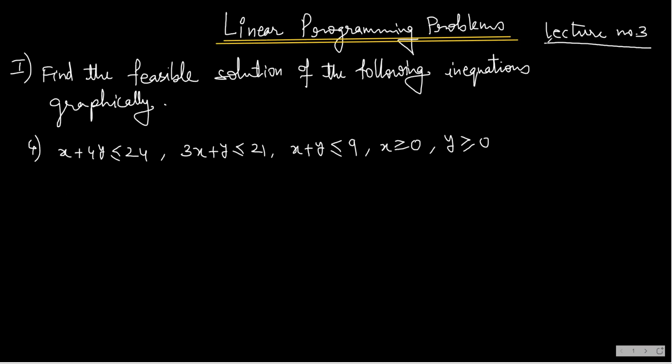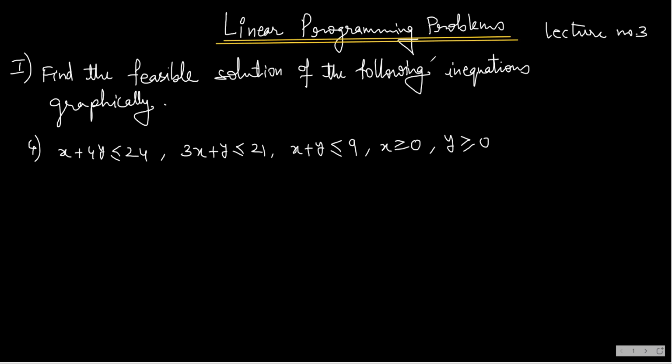So in the previous two lectures, we have done a lot about linear inequations and also solved those linear inequations graphically. In the last lecture, lecture number 2, we had seen two linear inequations solved graphically simultaneously.